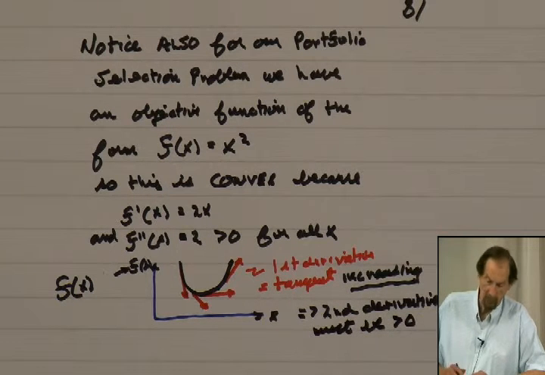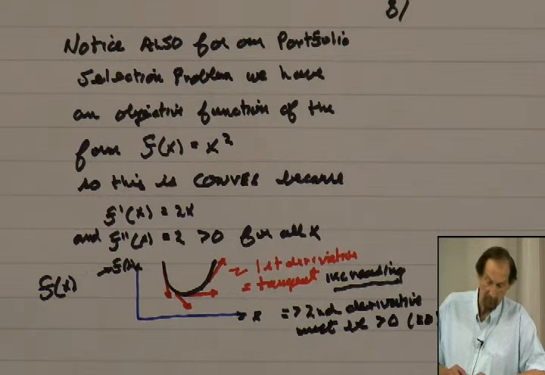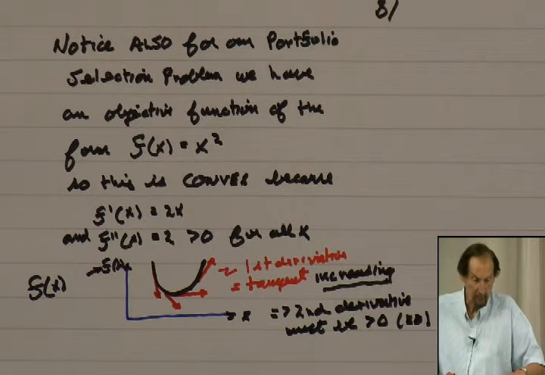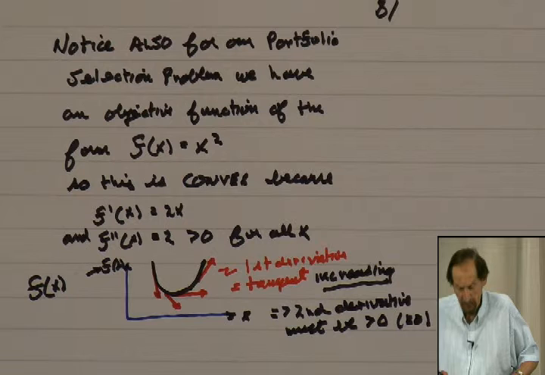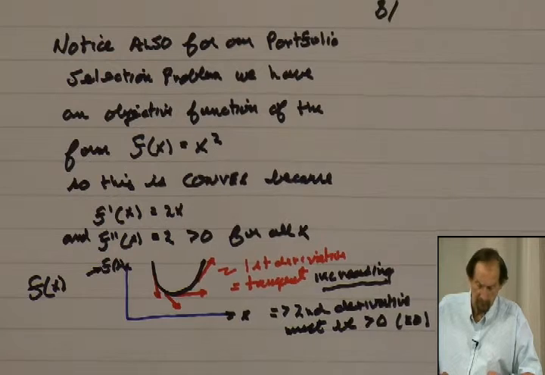In general, all we need is greater than or equal to 0. So the way to test if this function is convex, if you have a differentiable function, you just take the second derivative and check that it's greater than or equal to 0 for all x.